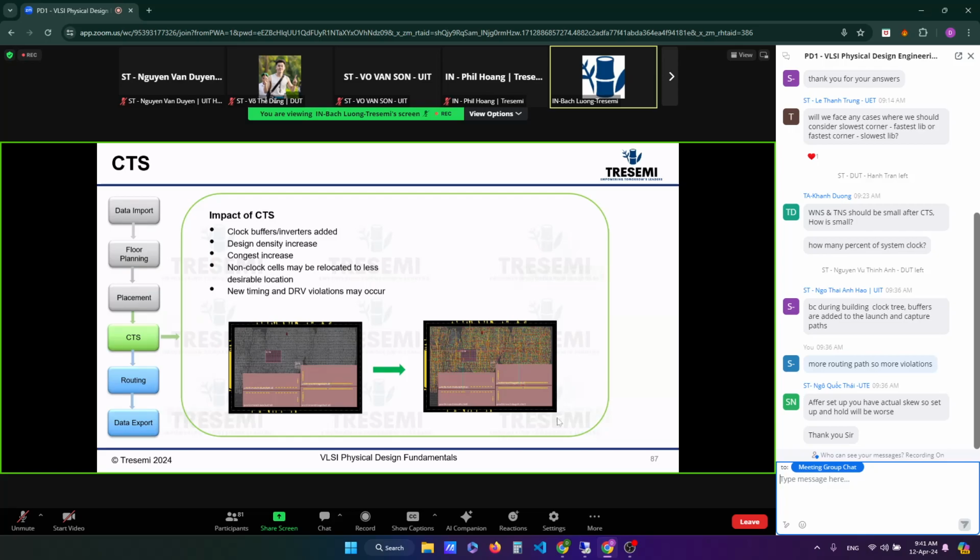Remember the positive skew, what it does to setup versus what it does to hold. We discussed that in, I believe, lecture 14, maybe 15. So you should know the impact of the skew. It could speed up or slow down, and how it impacts setup and hold. Generally things will get worse, but on some specific paths it can get better depending on setup or hold.